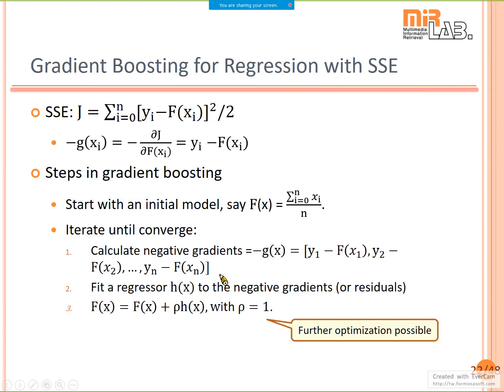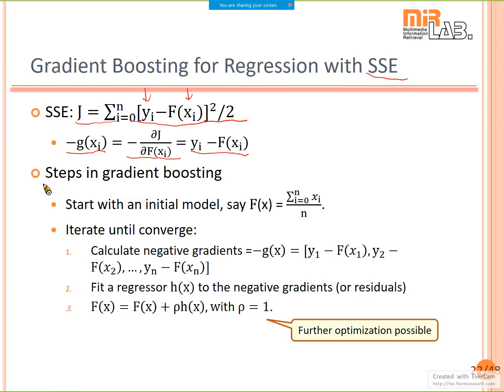This is again a recap of gradient boosting for regression with sum of square error. This is the input part of your training data, and this is the output part. The negative gradient is the derivative of J with respect to f of xi, and it turns out to be equal to the residual.